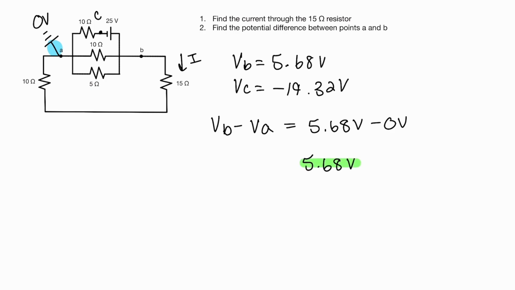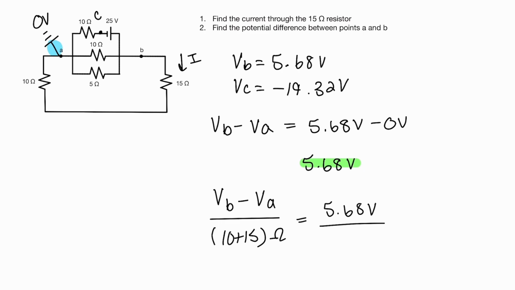And then the answer to number 1 is find the current through the 15 ohm resistor. So that'll be between points VB and VA. So here, since we have the current going this direction, we'll write that as VB minus VA over 10 plus 15 ohms, and then you'll get 5.68 volts minus VA, 0, over 25 ohms.